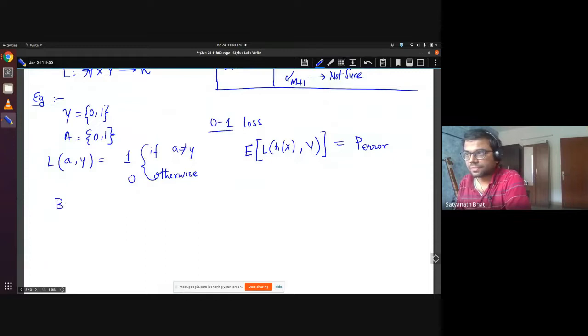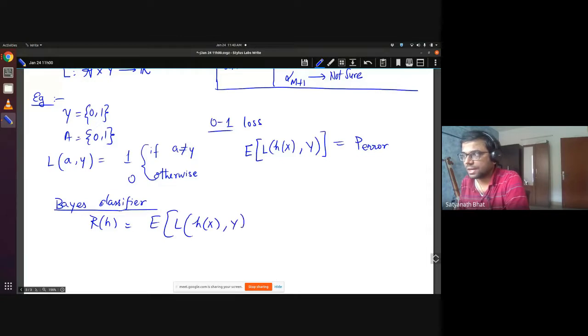So what should the Bayes classifier do? Can someone make a guess? So you have a loss function, you have an expected loss. Let's say R of h is equal to the expected value of the loss of your classifier. If I tell you this, what should be the Bayes classifier, h_B of x?